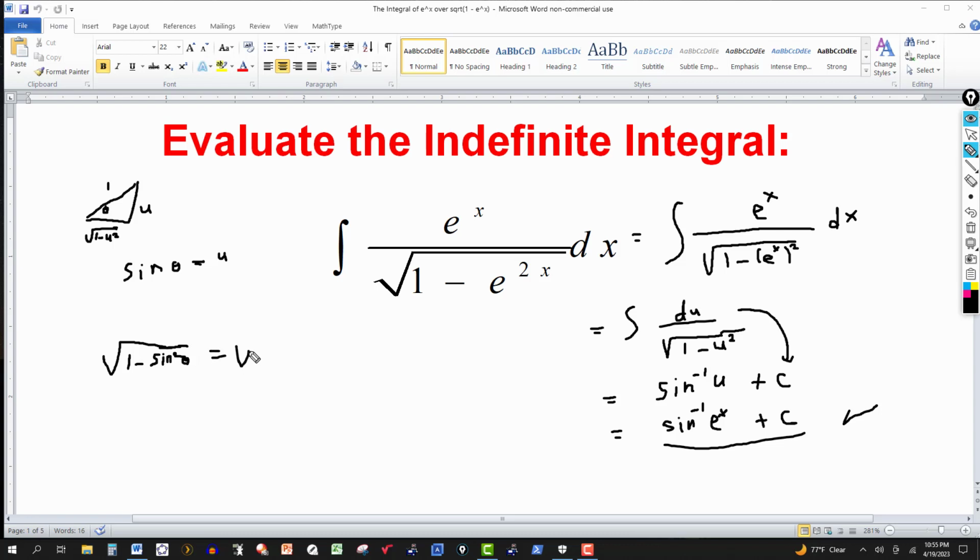So this is actually the square root of cosine squared theta, which is equal to cosine theta. And then take sine theta equal to u, take the derivative of that, that'll give me cosine theta d theta, and that equals du.